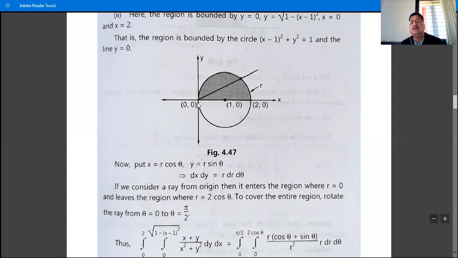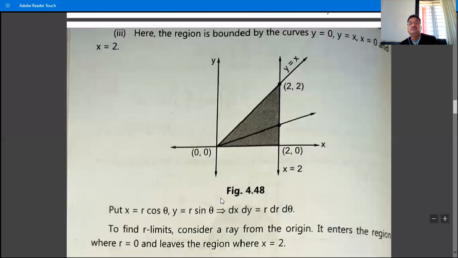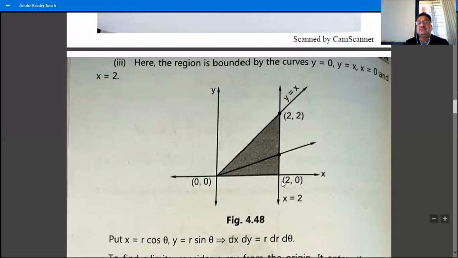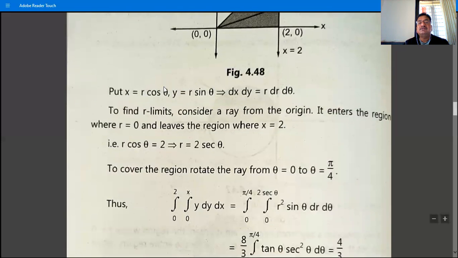If you take the ray at this place, then x is 2, that is, r cos theta is 2. So similarly here, r cos theta is 2, because at this place x is 2 and x is r cos theta. Therefore r is 2 sec theta.